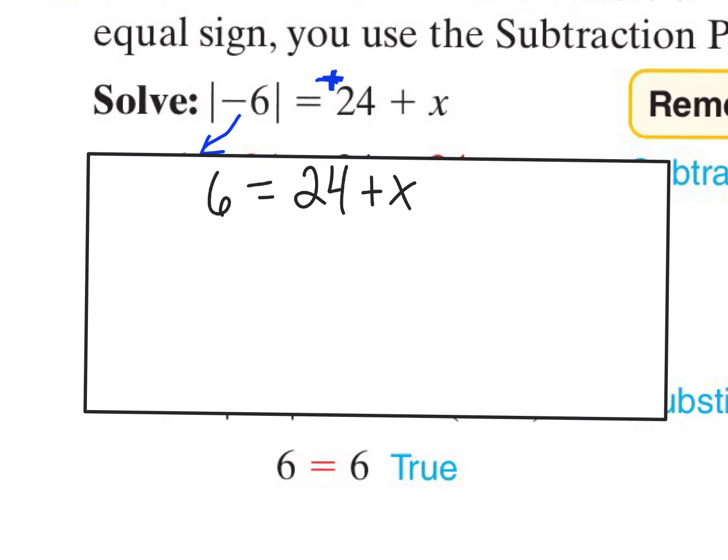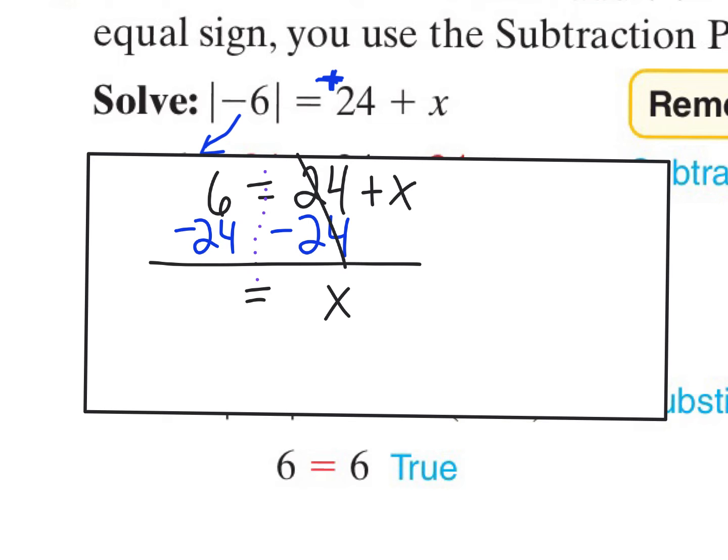And then to get rid of a +24, we need to subtract 24. And we need to do that on both sides of our equation. Again, if you want to draw this imaginary line here and make sure you're doing the same thing on both sides, that you're keeping it balanced, you can do that.